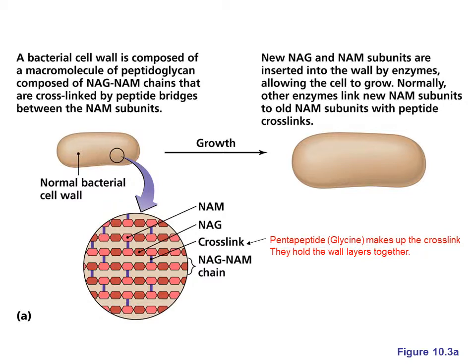This is how layer 1 is attached to layer 2, layer 3, and layer 4. That cross link is a pentapeptide that is made of glycine. If you can somehow block the production of that pentapeptide, if you can somehow remove that purple block, then layer 1 will not be attached to layer 2 and layer 3 versus layer 4.